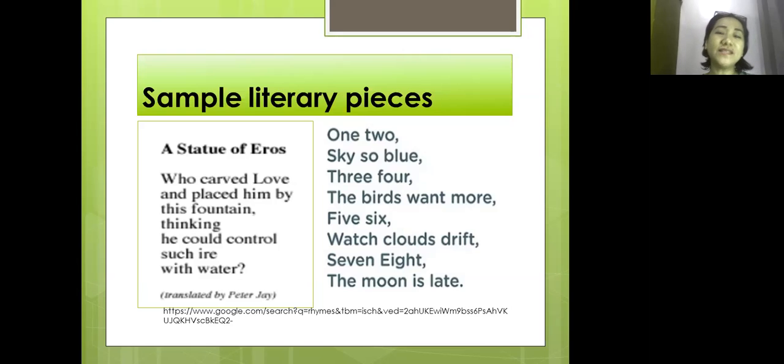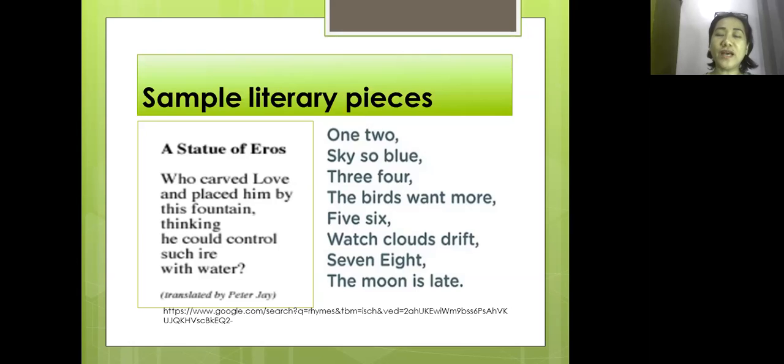Okay, so basically these literary pieces are not exactly the same with each other. The one is themed on love, how love is being defined in here. And the other one is rhyming. The thing that I just wanted to point out is that literary pieces exude some thoughts and feelings, and it depends upon the reader how he or she understands the literary piece.